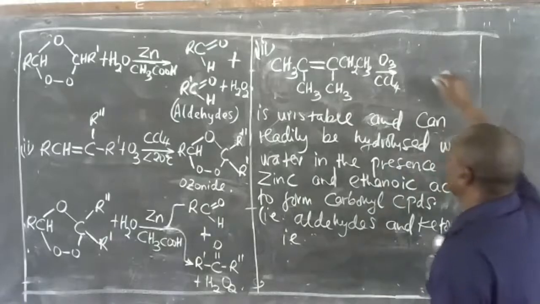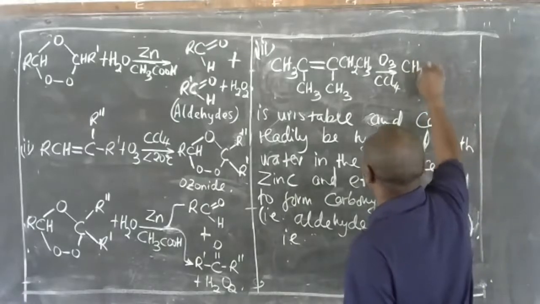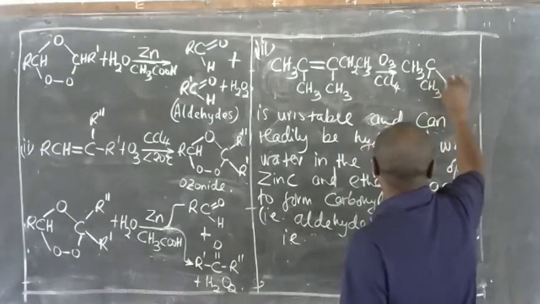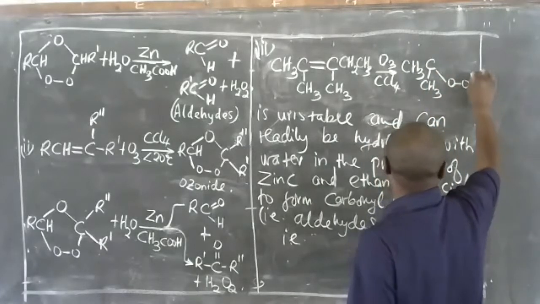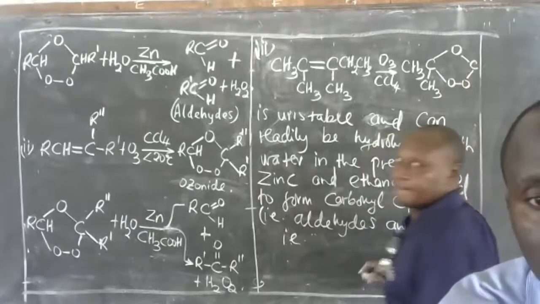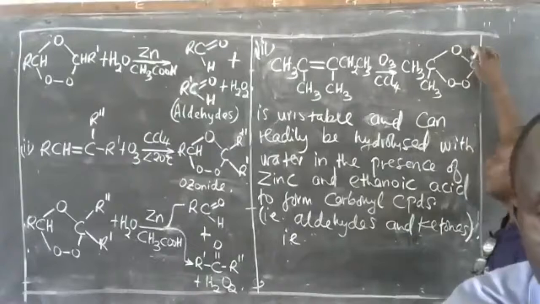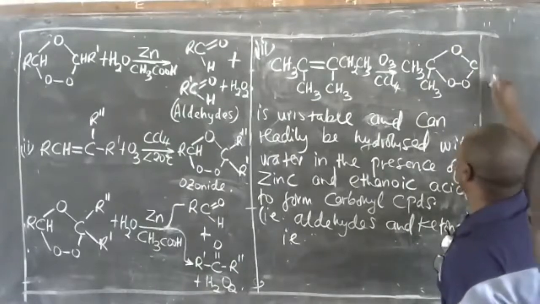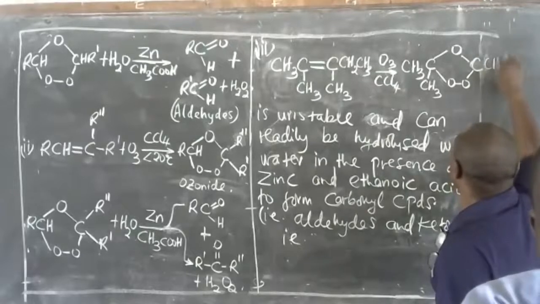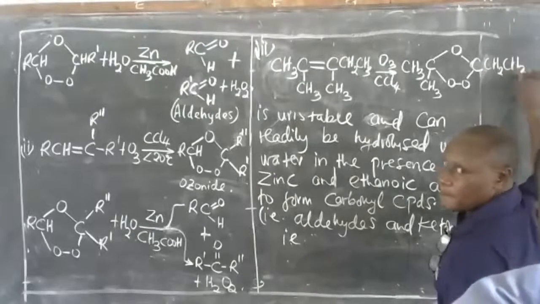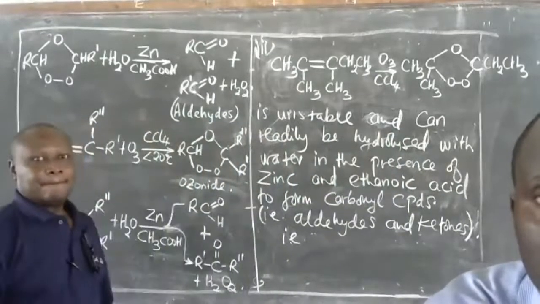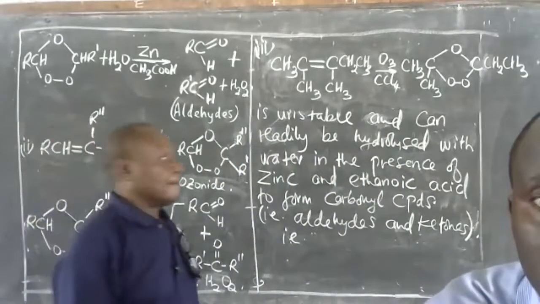We are going to get the product which is going to be CH3, C, CH3, O, we have C, and then we have CH2, C, CH2, CH3. Okay?